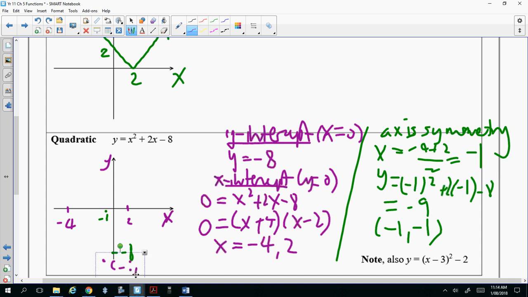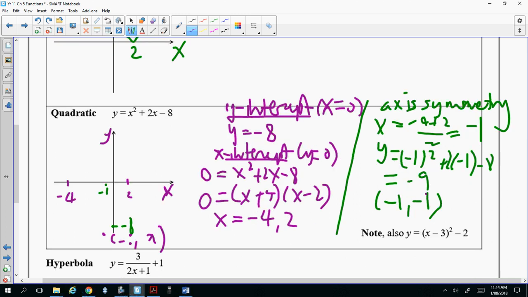Oh, sorry, -9. Yeah. Okay, you got this graph crossing at 2. That's your vertex, cross at -8. Yep, that's it. So that's your graph. So how to draw this, pen.